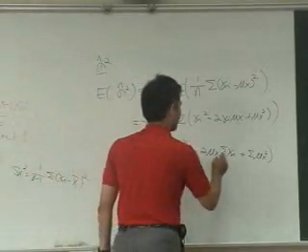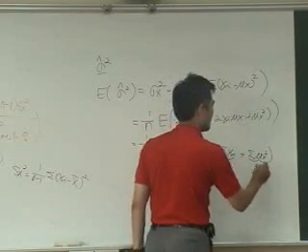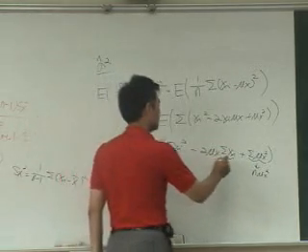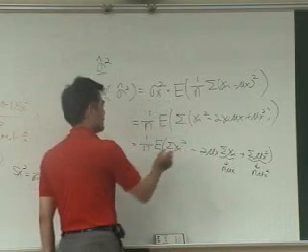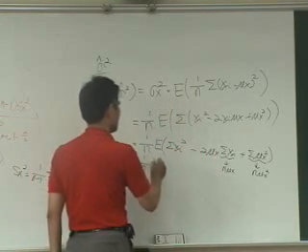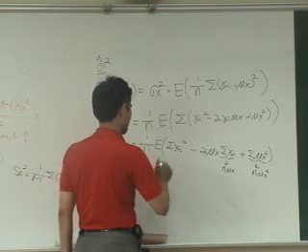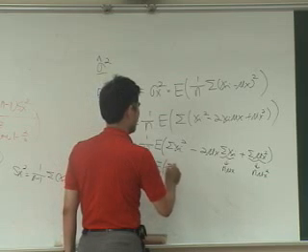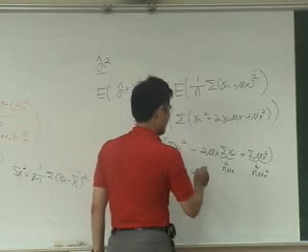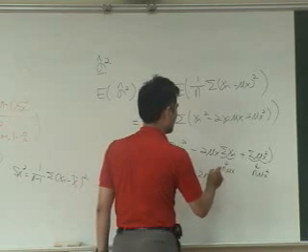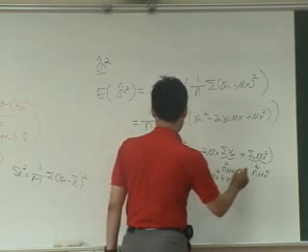And what is this? This is actually n mu x squared, right? And here it is n mu x. So you have 1 over n expectation of summation xi squared, and then minus 2n mu x squared plus n mu x squared.